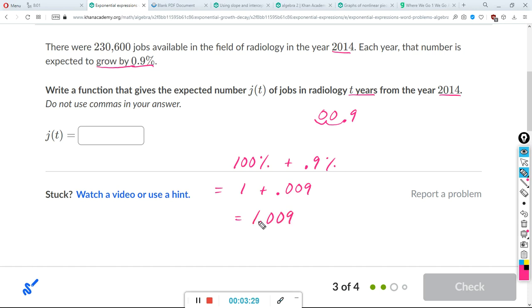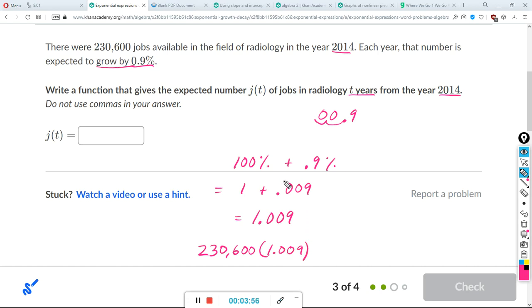Okay, multiplying by this number adds 0.9% each time. So we started with 230,600. In order to add 0.9% each time, we multiply by 1.009.